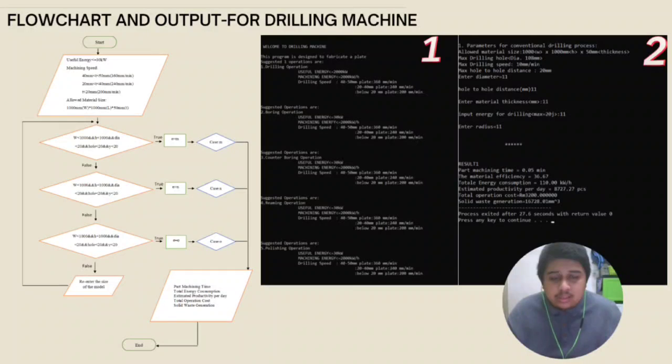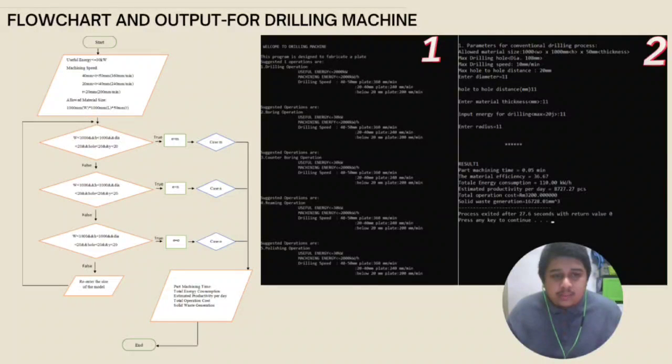As we can see, for the third decision, if true, we proceed to E equal O, and it is labeled as case O. If false, then we need to enter the size of the model, and then repeat from the first step, before we go to the first decision.